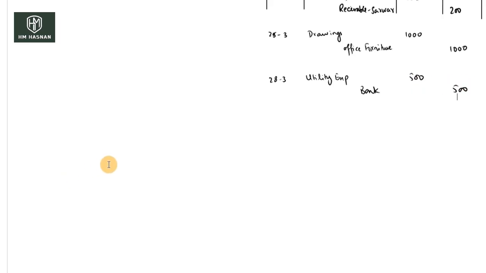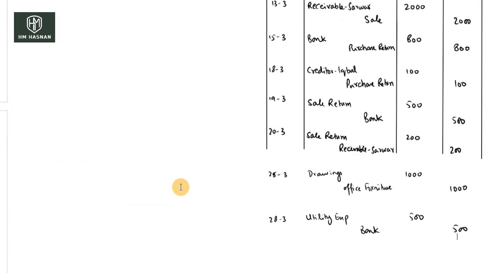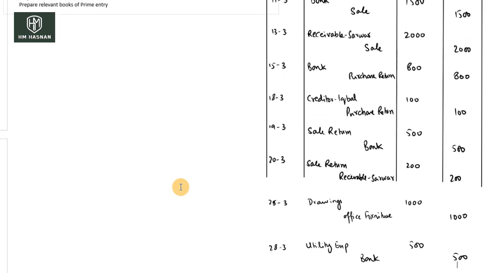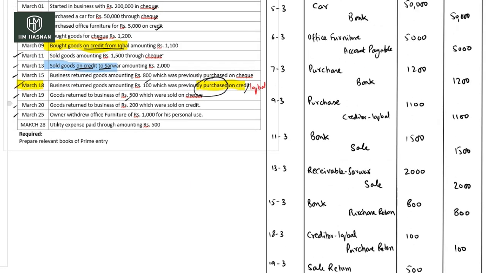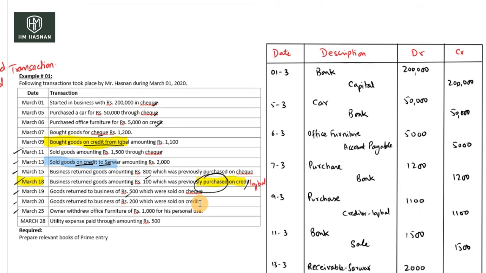Okay, so here are some business transactions, and we first recorded the double entry of all the business transactions, and in the next class I will show you how to make the books of prime entry by using these journal entries. Okay, get it? Now we have to end our session.